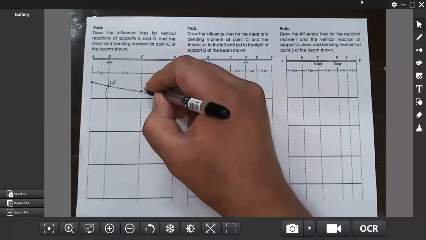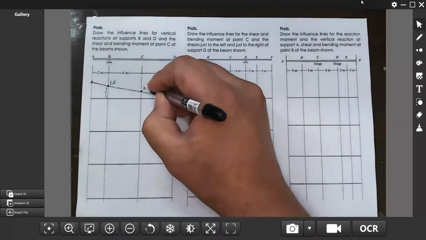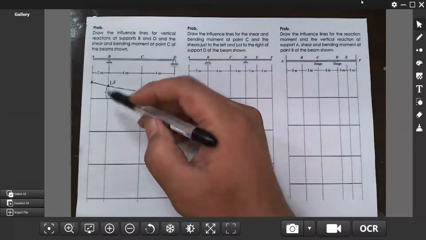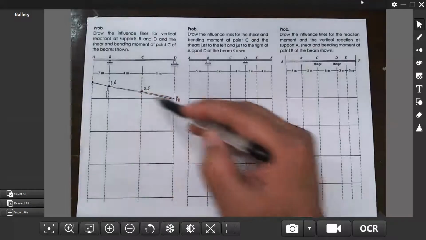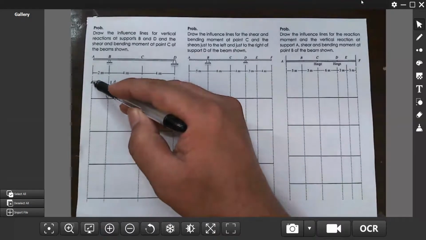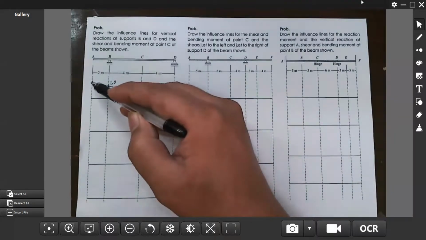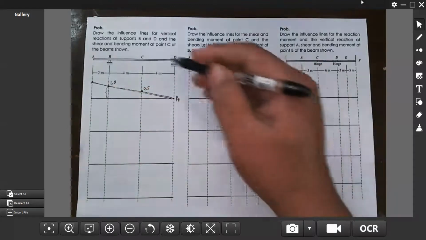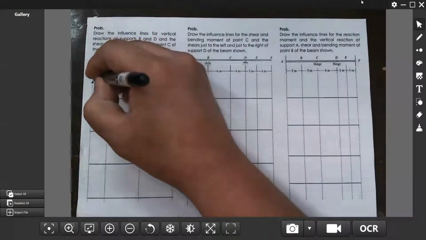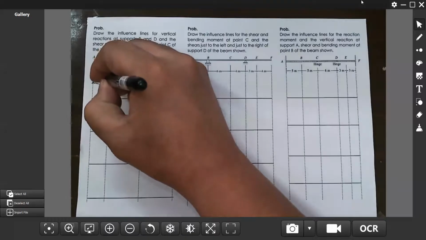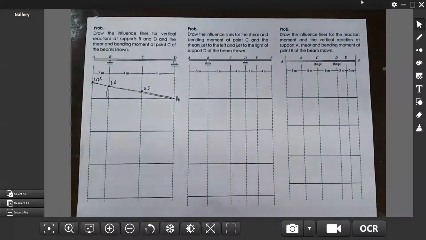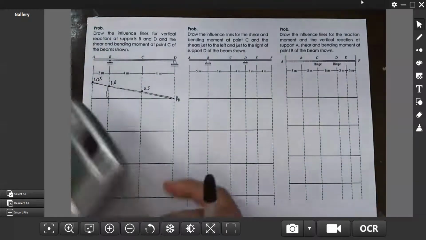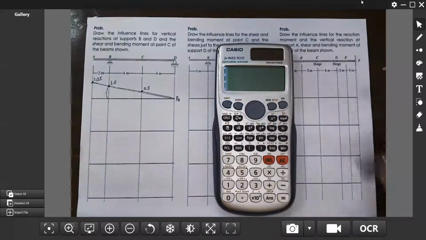Na kay 0.5 ano eh, no? And then y 1 is to 8. Tapos y is to 10. This is 1.25.